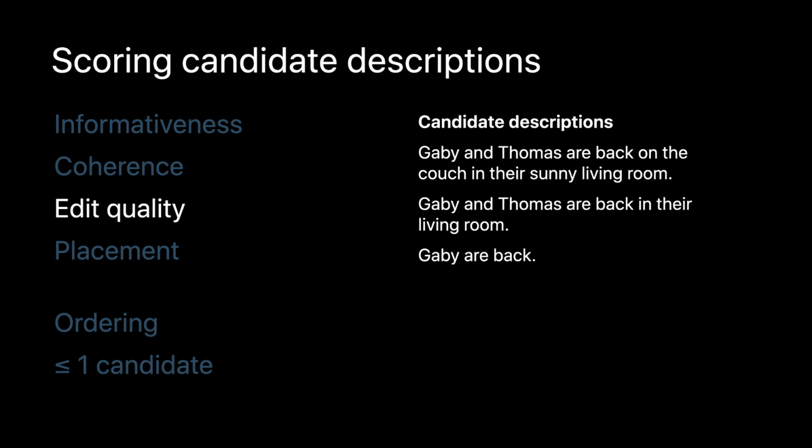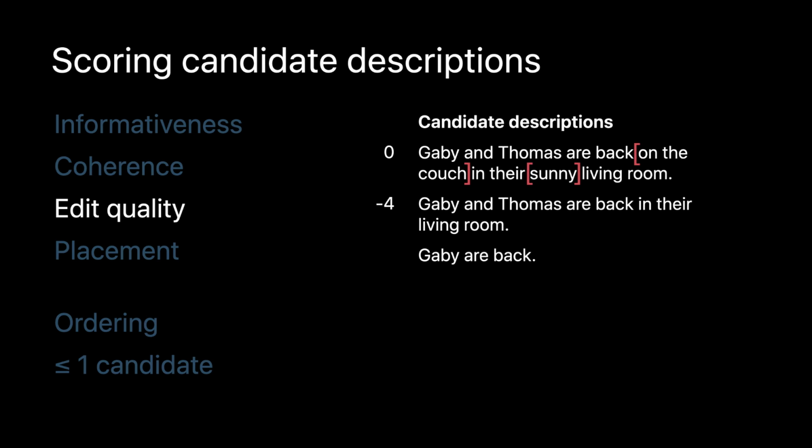Our edit quality metric acknowledges that each edit we make to the original speech based on the text can introduce disfluencies from misalignment and intonation changes. We assign a penalty to each cut. The original sentence doesn't require any edits, and it doesn't get a penalty. Gabby and Thomas are back on the couch in their sunny living room. The second candidate requires 4 cuts, 2 to edit out on the couch and 2 to edit out sunny.